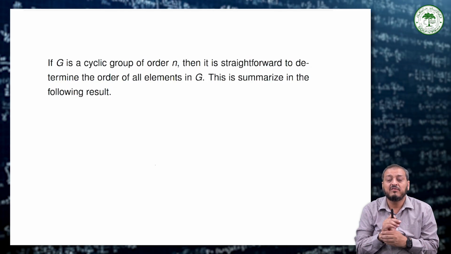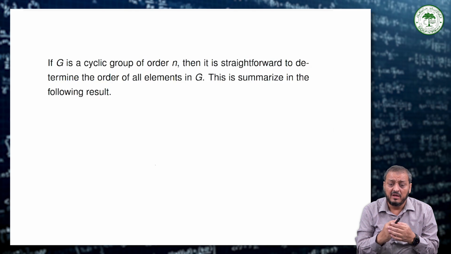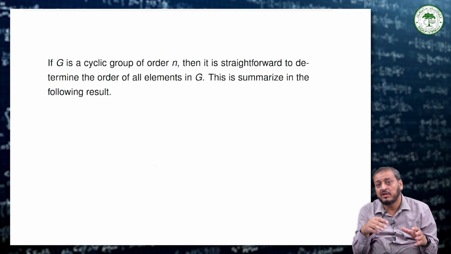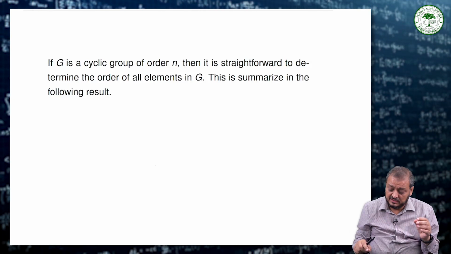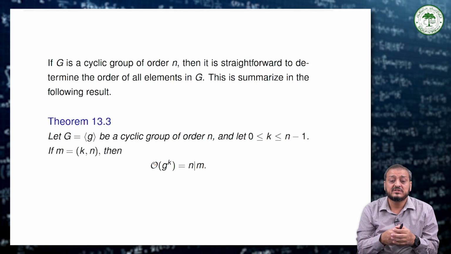Now we have to say that if G is a cyclic group of order n, then it is straightforward to determine the order of all the elements of G, and the following theorem summarizes this.